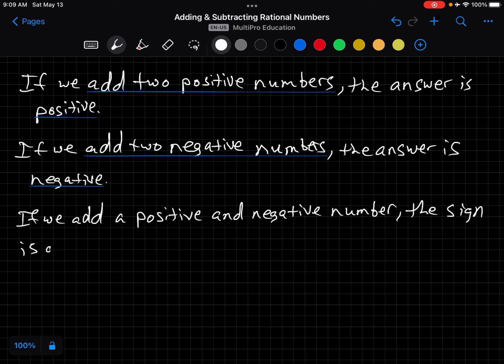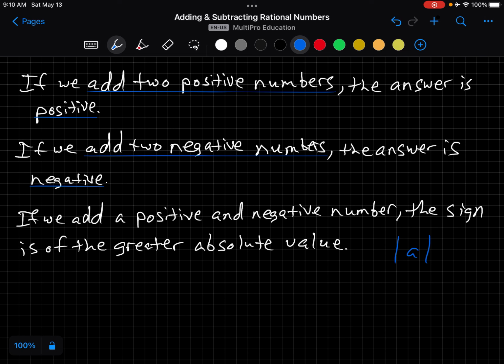The sign is whether it's positive or negative, is of the greater absolute value. Alright, so in this case, if it's positive and negative and you're adding them together, you have to look at the absolute value. Remember the absolute value, or these 2 vertical bars, right?